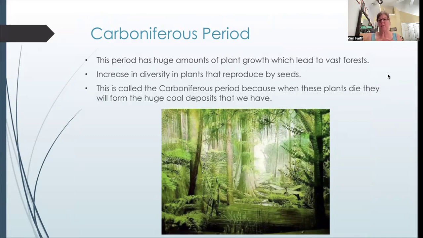Our gymnosperms are plants that reproduce by naked seeds. They are increasing in that diversity. It is called the Carboniferous period because when all of this plant matter died, it formed the huge coal deposits that we have today. So when you are burning coal, you are burning fossil remains of these plants that lived in this time period.